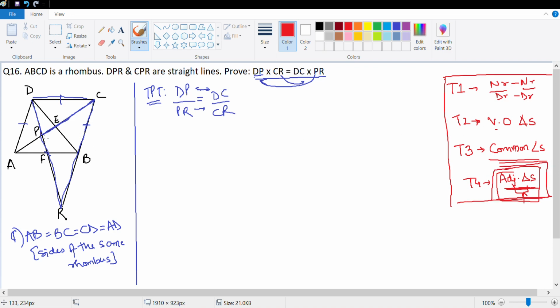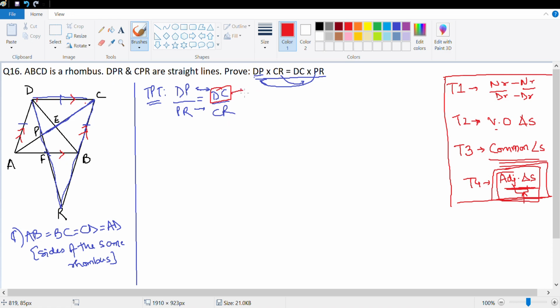Proving this similar will be very difficult in any case, because these are parallel lines, because this is a rhombus. So I don't have any angle which is in case of corresponding or adjacent. So let's see if I can replace DC with something, because DC is equal to DA equal to AB equal to BC.